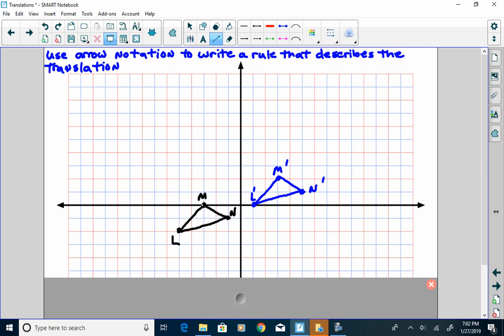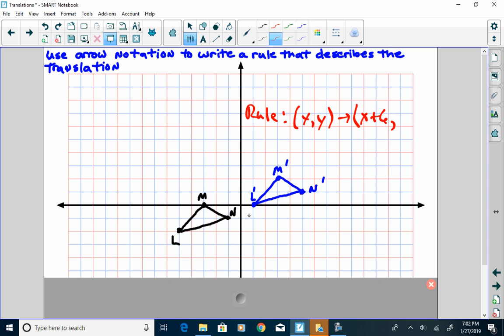The image is located where? 1, 2, 3, 4, 5, 6. Right here's where it's located on the x-axis. So we moved 6 units right. So if I'm writing my rule, x comma y goes to, our x value should be plus 6.